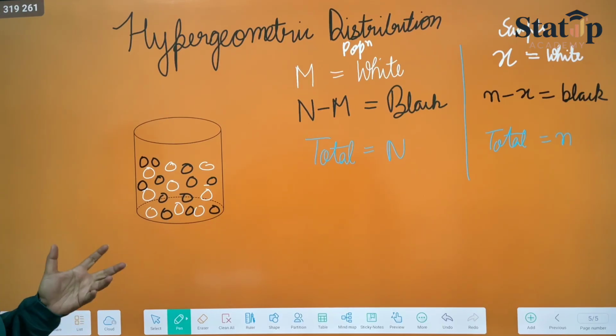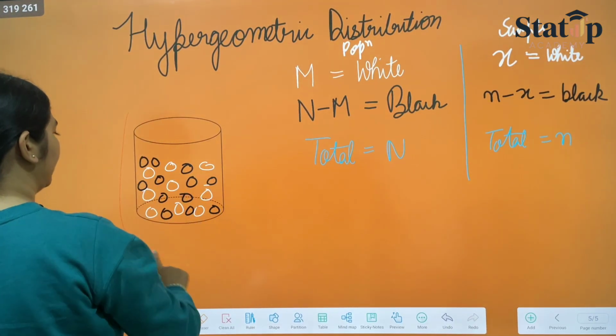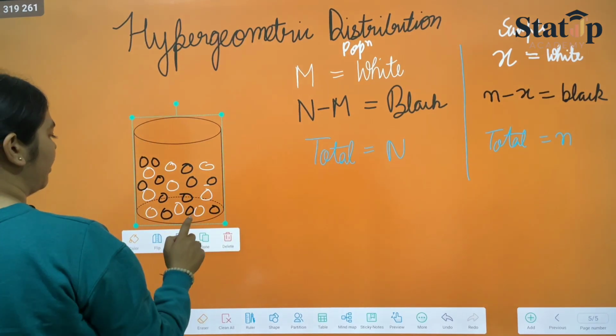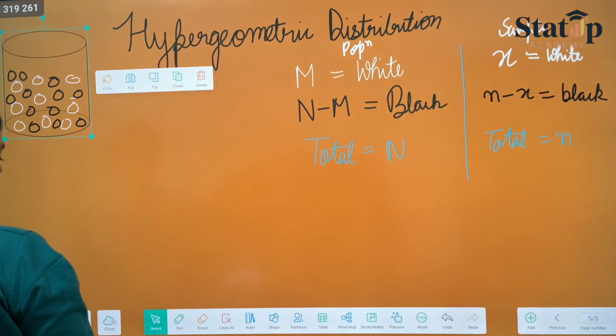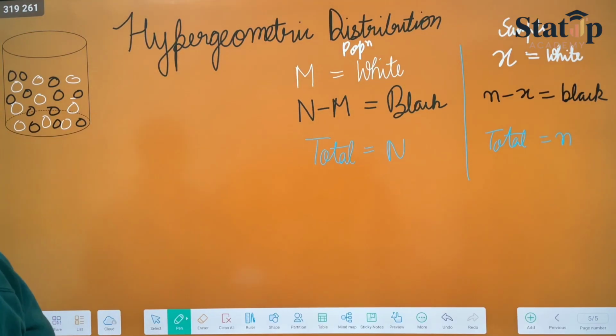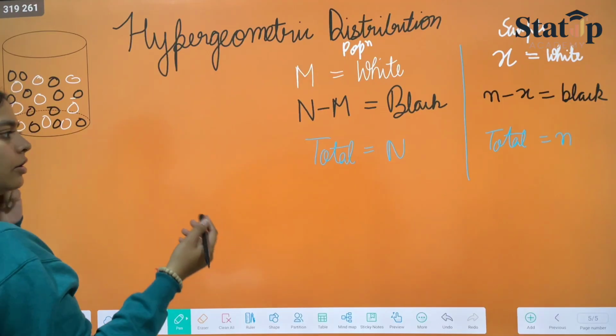Now here, when we have this kind of distribution, then we have to take the PMF of x. We have to find the value of x only.